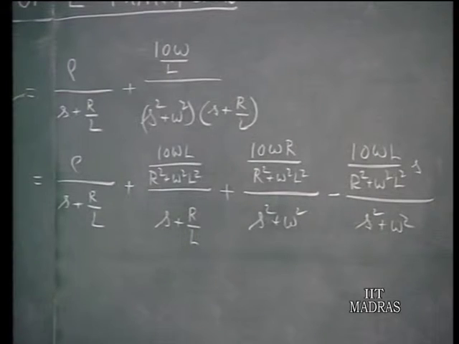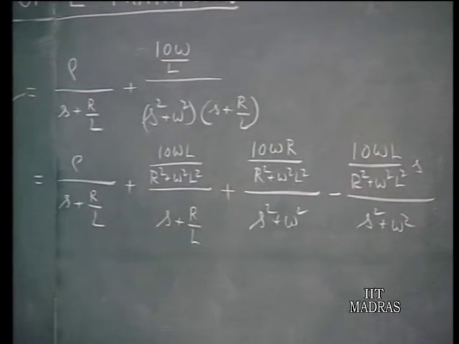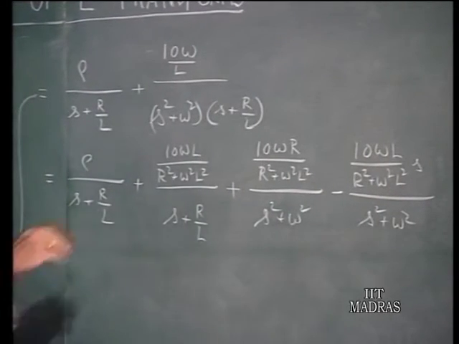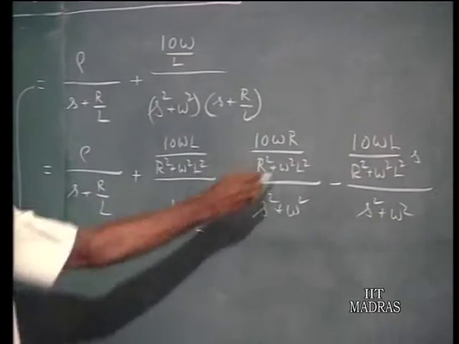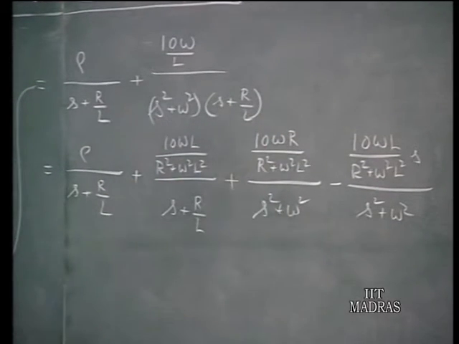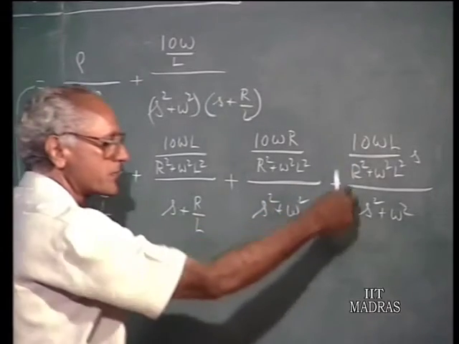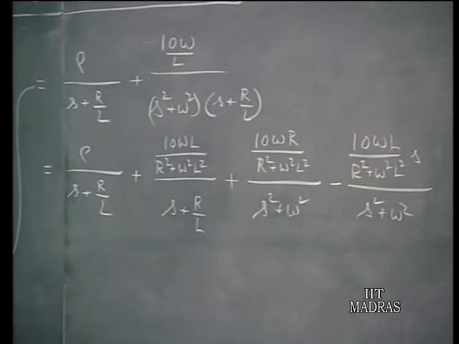Actually, when you have S squared plus omega squared in the denominator, you have AS plus B in the numerator. I split this up into two portions, so that this can be recognized to be the Laplace transform of a sine function, and this is recognized to be the Laplace transform of a cosine function.